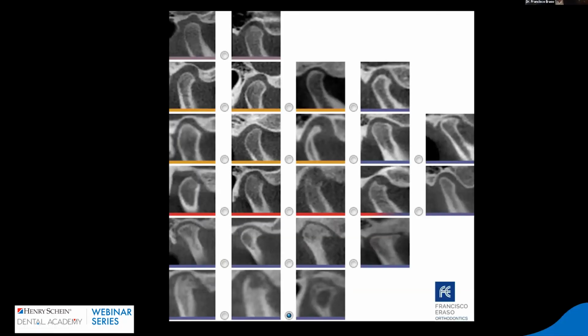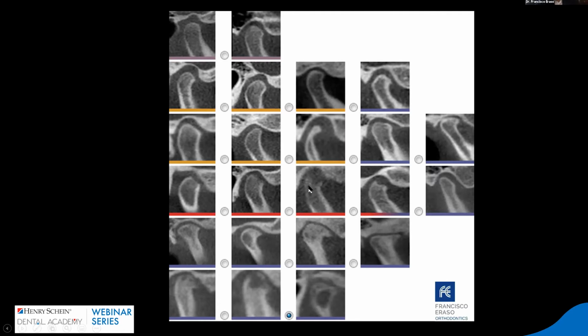Before I show you the case, this is the typical map that we have for the normal TMJ remodeling. You see sclerosis, you see flattening. Then you have changes in the anterior-posterior dimension, and this is called regressive remodeling because there are no changes in the vertical dimension.